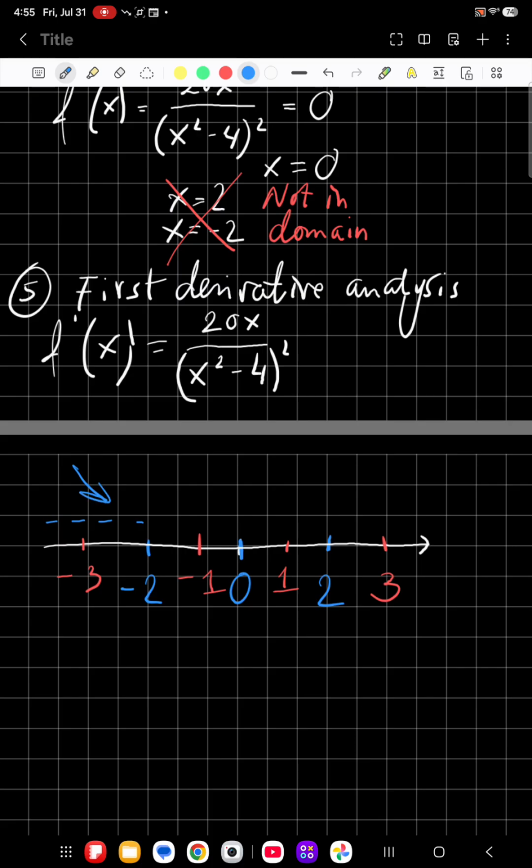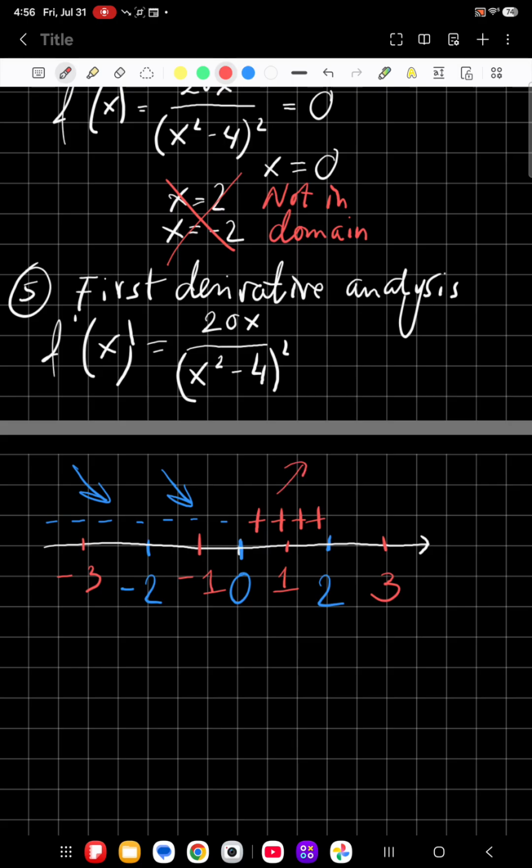The second testing number is -1, and again we plug it in, and you probably see that the denominator is always going to be positive, so everything will depend on that numerator. So I can see already that it's also going to be negative, so no change there. And then for positive 1, it's going to be positive, because 1 is a positive number. So positive, positive, positive, function increasing.